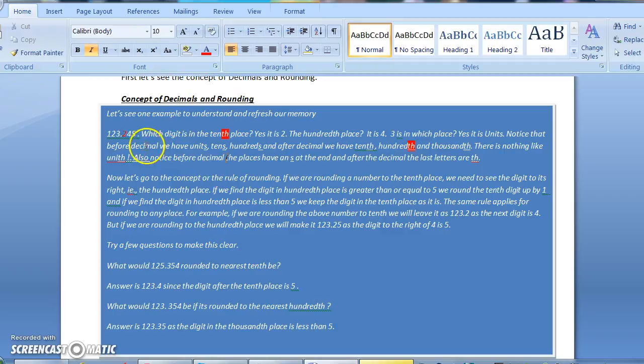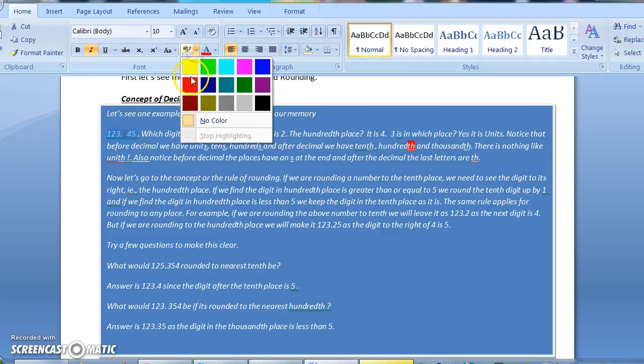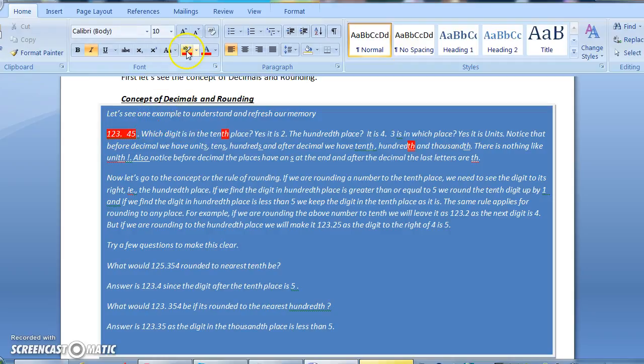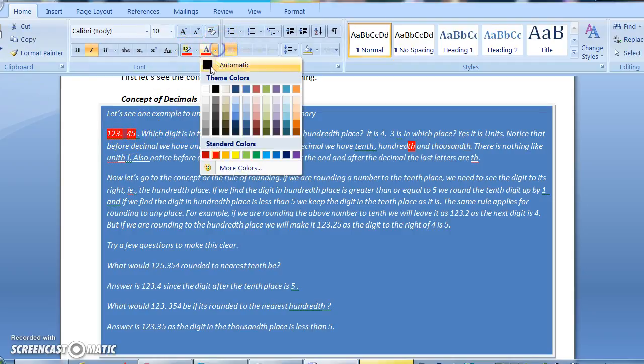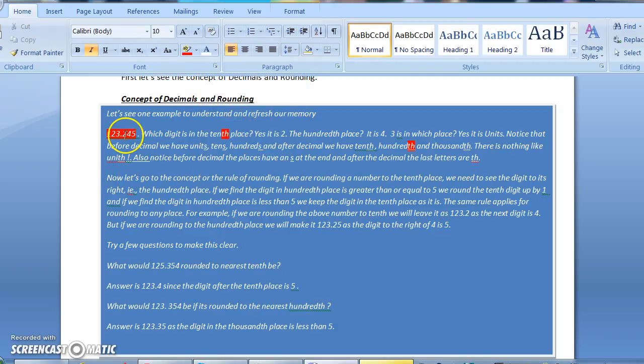Now what about rounding? Simple concept. In rounding, we just look at the digit to the right of the digit that we are rounding. Suppose we are going to round this number off to the tenths place. What will that value become?